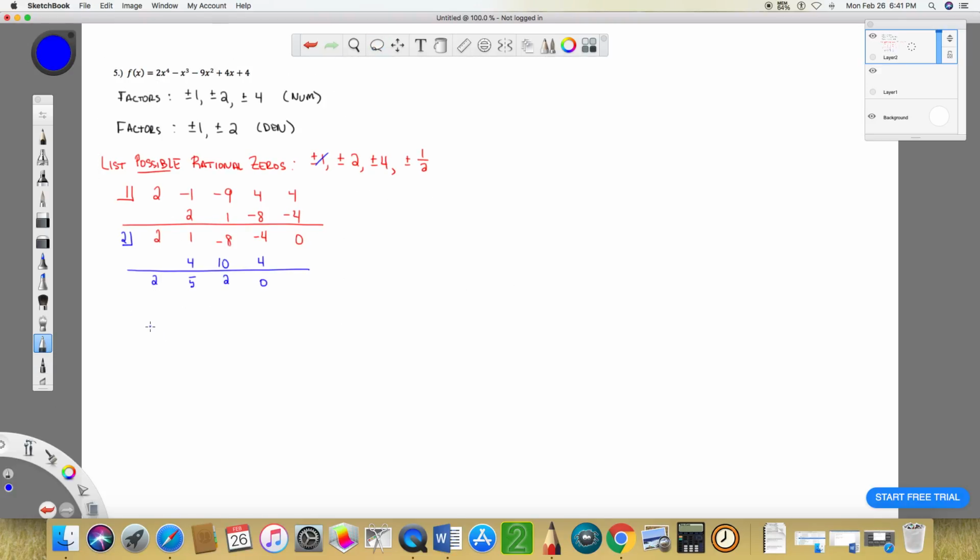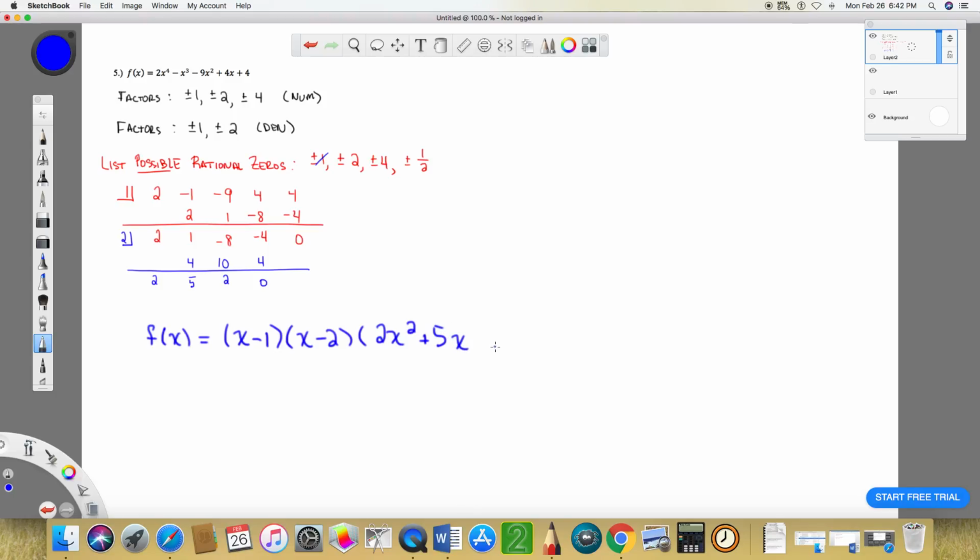So this polynomial function, rather than having it written in standard form, we can try to write it in factored form. Zeros of 1 and 2 in factored form are x minus 1 and x minus 2, and this is a quadratic.